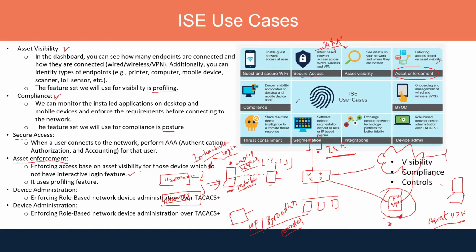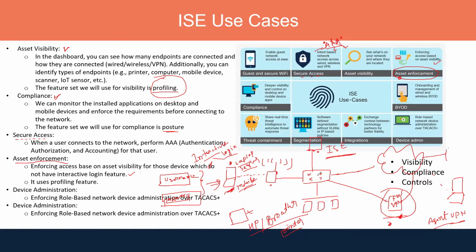And how is ISE going to achieve this? How is ISE going to identify that this is a printer? Again, this is a feature set in ISE: profiling. When you configure profiling, ISE sends different probes to the end devices to identify what that device is, whether it is a laptop, desktop, printer, IoT device, or something else.